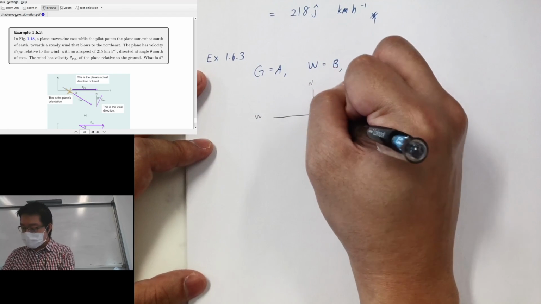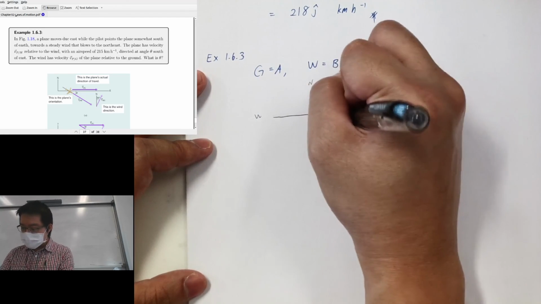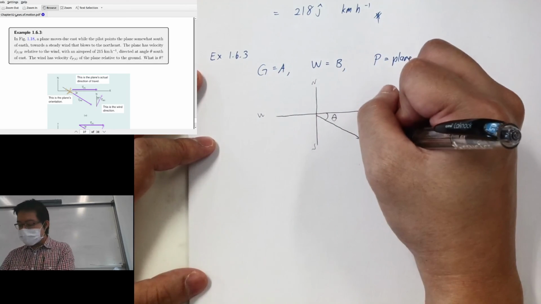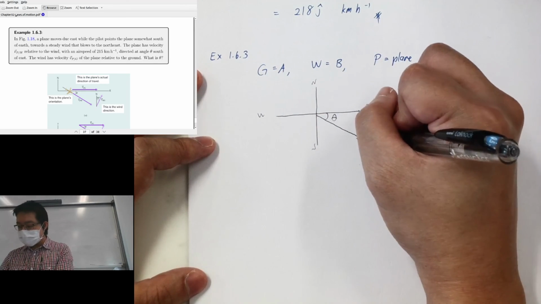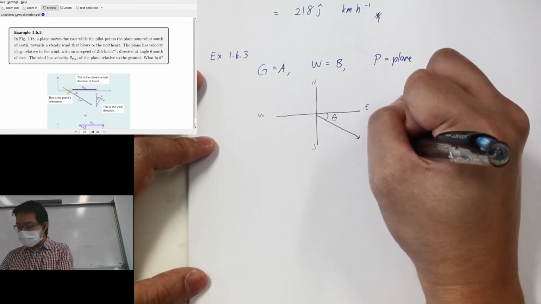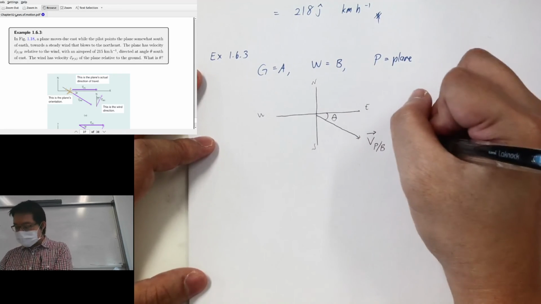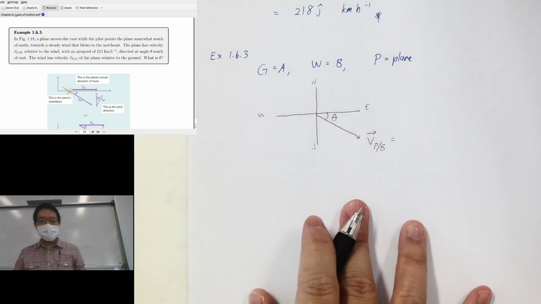Let's say this angle is some theta. This is the plane pointing somewhat south of east, so this is the velocity of the plane relative to B. Sometimes it's a bit tricky and we must be careful to get everything correct.